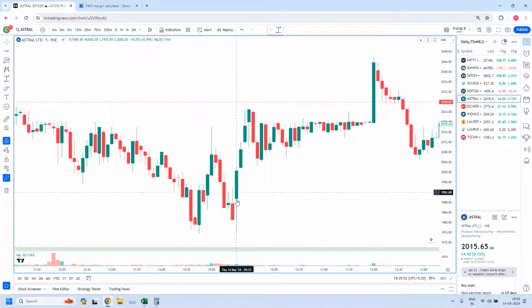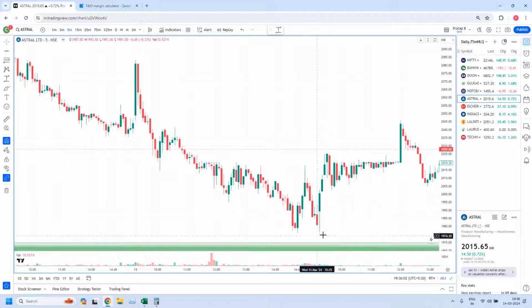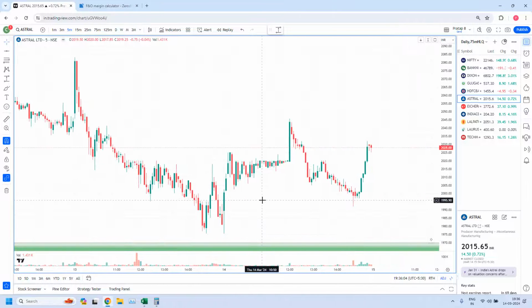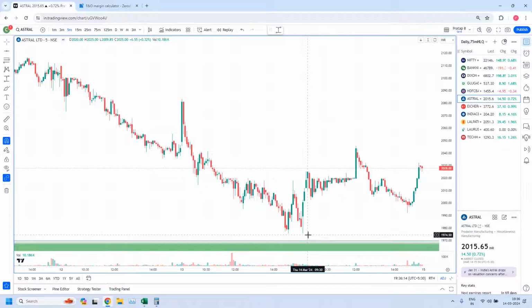See, this is today morning 9:15, up to here they came. Even if we add a 0.1% buffer, you won't get the entry. So it's a narrowly missed trade, even after adding the buffer. That means it is not a trade.